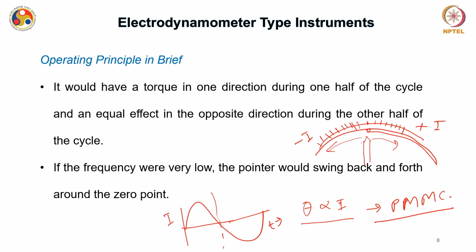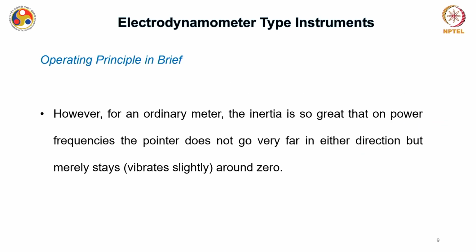But when the frequency is very low, the pointer will swing back and forth around the 0 point only. For a PMMC instrument, the inertia, particularly of the pointer, is in general so high that at power frequencies the pointer will not go very far, and it will try to oscillate at the 0 position.